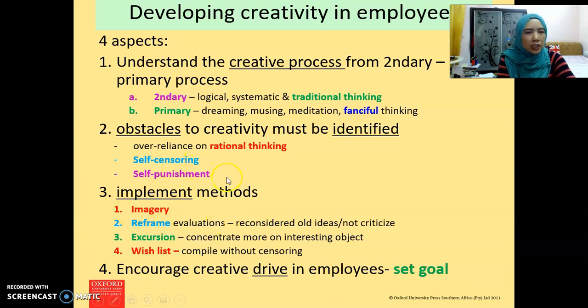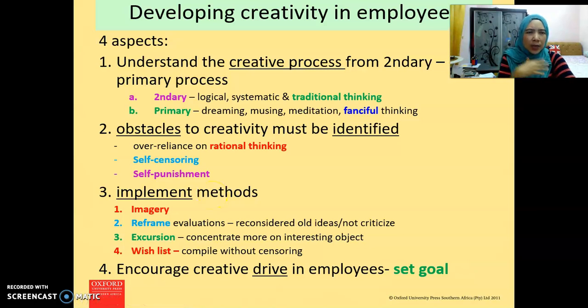And self-punishment is when you punish yourself. When you come up with something creative, something considered beyond logical, that means illogical, something that cannot make sense, you punish yourself. You say, oh, you are so crazy to come up with this kind of solution.